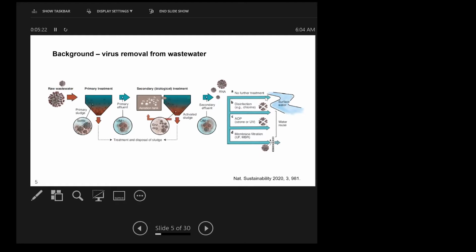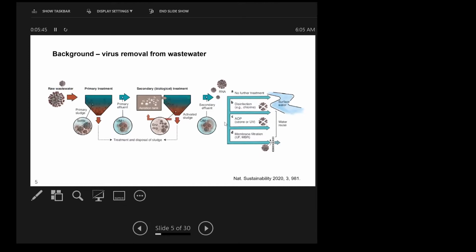This secondary effluent can be directly discharged to the surface waters without any other treatment, or disinfected prior to the discharge. It can be further treated with advanced oxidation processes, called AOP, and also filtration, where different membrane systems such as ultrafiltration are used for reuse applications.